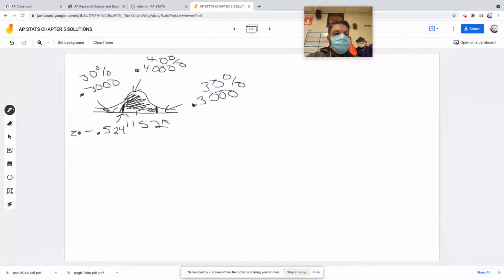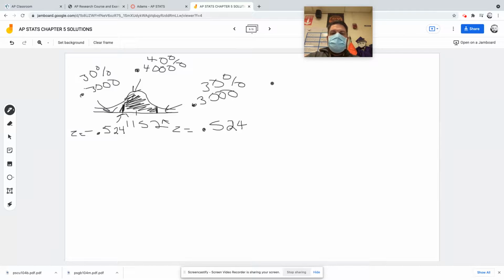So that's one z-score. And then this z-score is positive 0.524. So now to find the area under the curve, we got to do both of these, right?